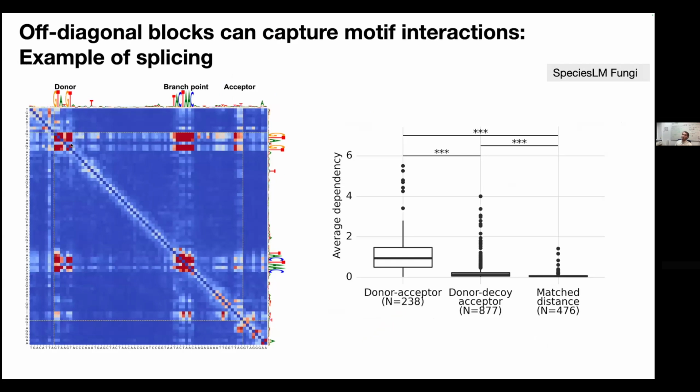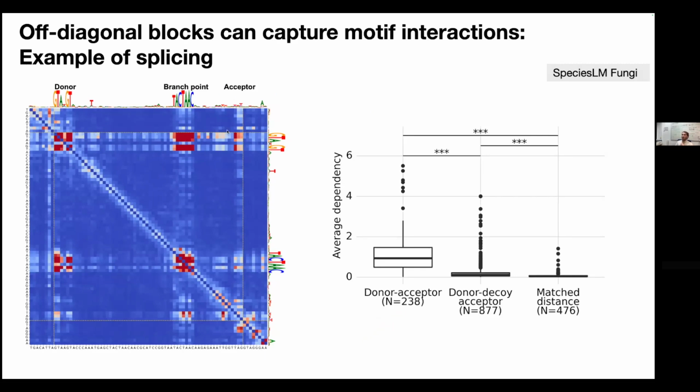But we don't see only dependencies or blocks within the main diagonal. We also see blocks off diagonal, which reflect interactions between motifs. So here is the example of splicing and the intron and the flanking exons. And in splicing, in the intron, we have these specific characteristic motifs, the donor, the acceptor, and the branch point.